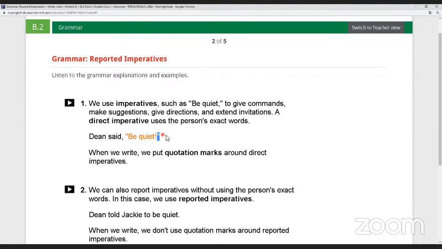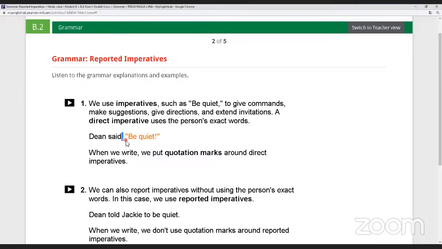We have the quotation marks, and then in Spanish we know this like citas directas, para mencionar algún autor, tal vez, para recalcar lo que alguien más ha dicho. Okay, in English it is direct imperatives.